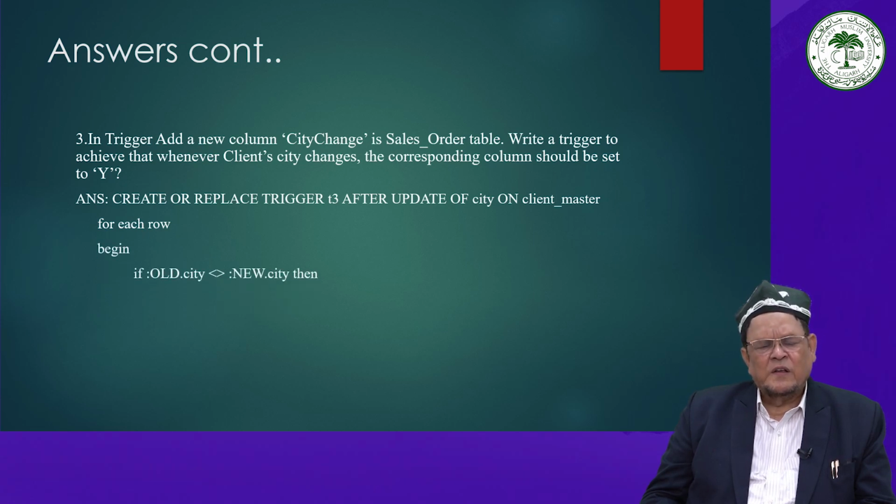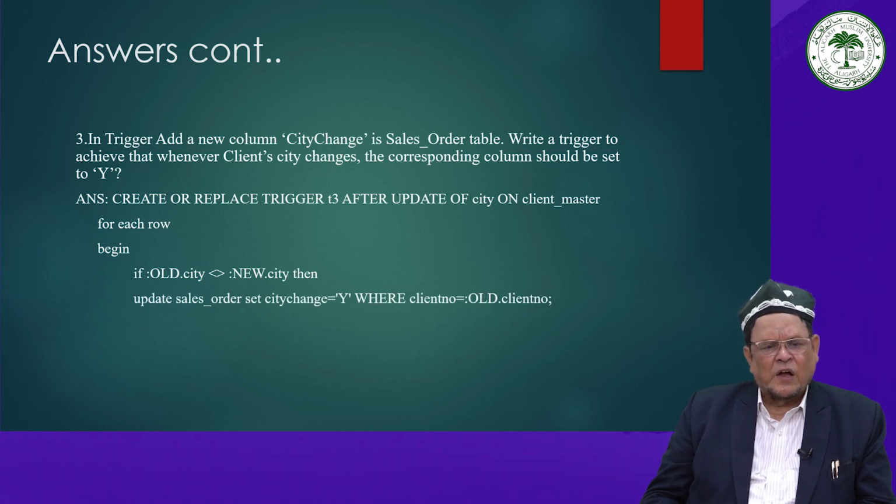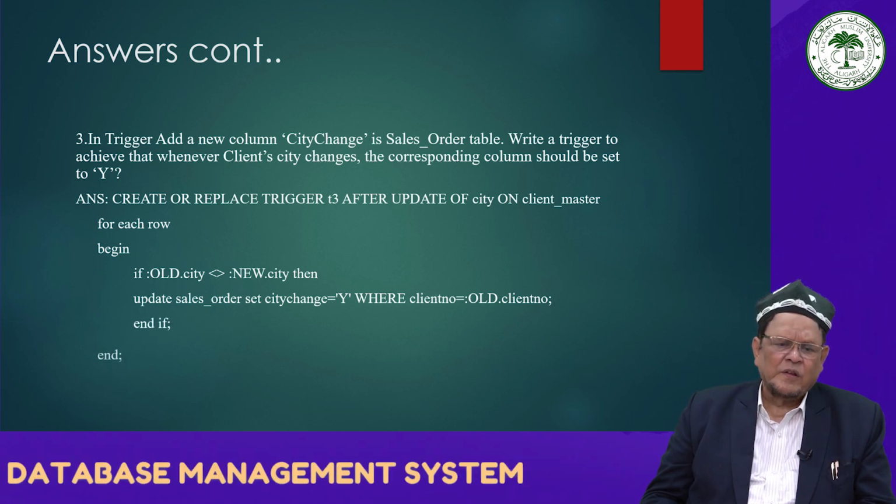Begin if old CT is not equal to new CT, then update sales order set CT change is equal to yes, where client number is equal to old client number, end if, then end.